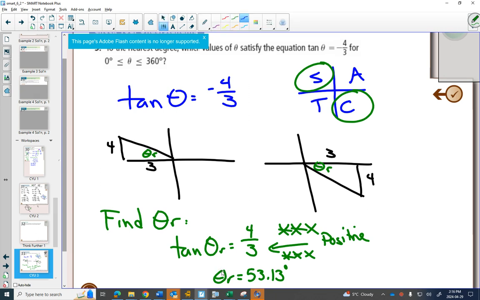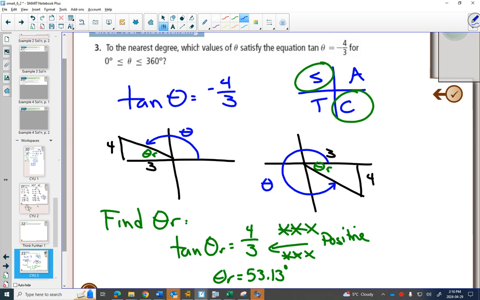But I'm supposed to find between 0 and 360. 0 and 360 in standard position, one full time around. Can you see that this is one possible answer for theta, and this is the other possible answer for theta?